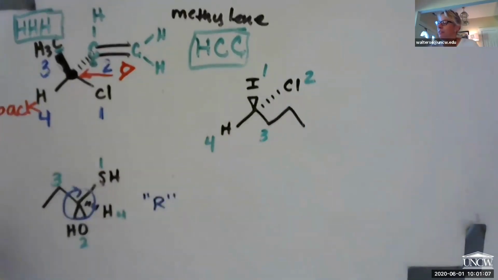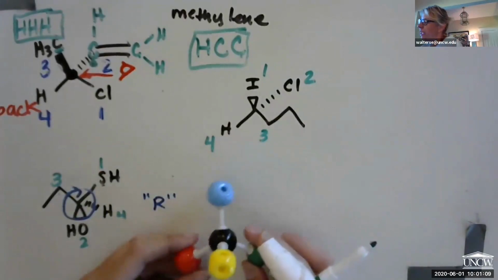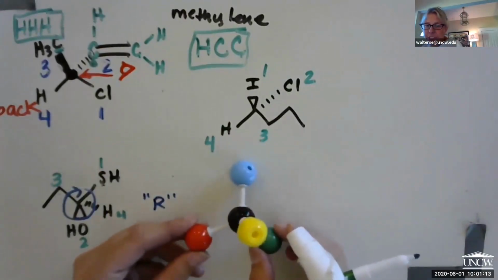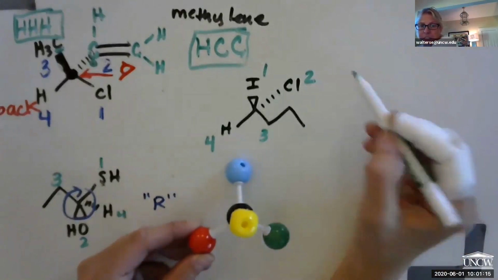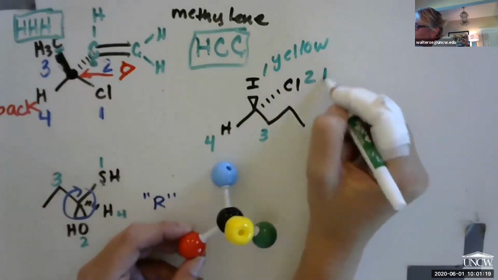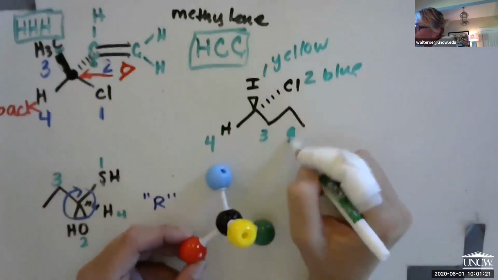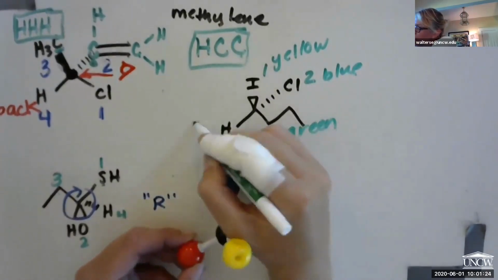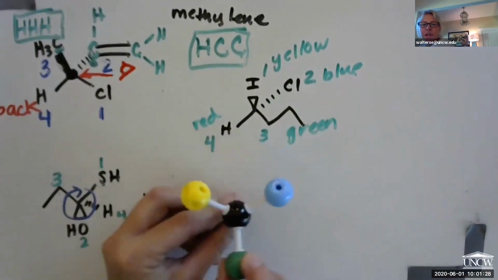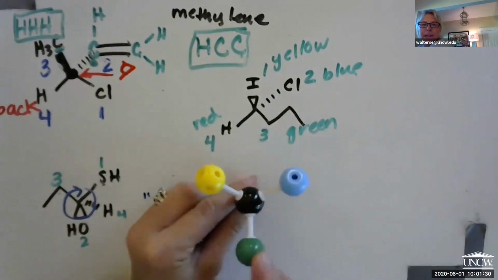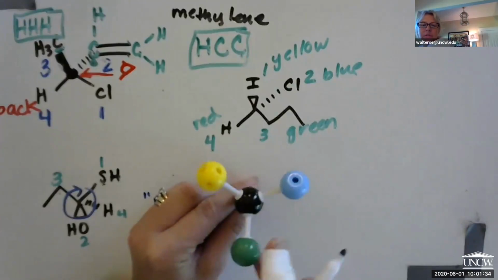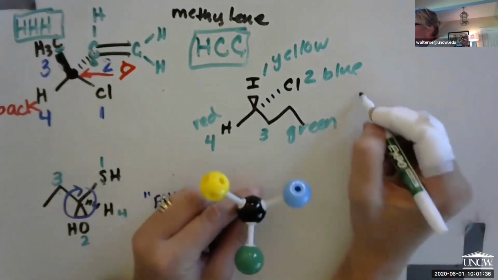Okay, now again, just pick a molecule that matches. All right, so yellow, blue, green, red. Okay. Turn it so that 4 is at the back, and now we're going yellow, blue, green, yellow, blue, green. So this one is also R.